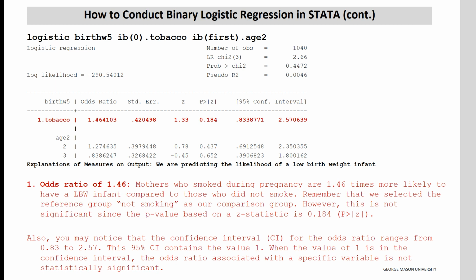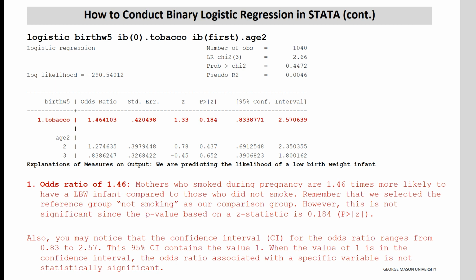So let's interpret the first odds ratio in this output of 1.46. What does this really mean? Now, recall that the reference group for this variable, smoking during pregnancy, is not smoking. Therefore, in this case, we're comparing the odds of having a low birth weight among those who smoked during pregnancy versus those who did not smoke during pregnancy.